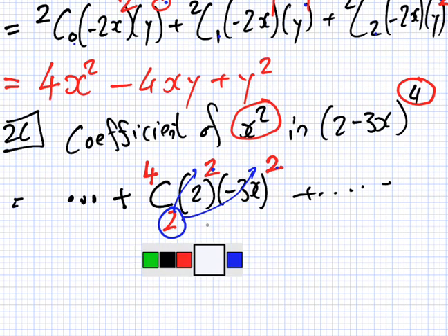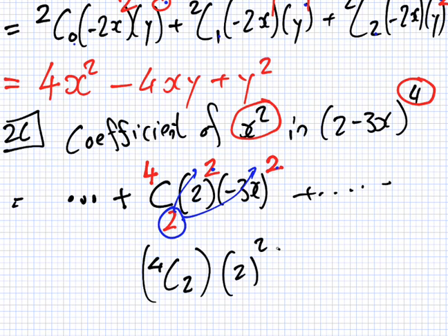So now we take out our calculators and type in 4C2, 2 squared, minus 3 squared, x squared.